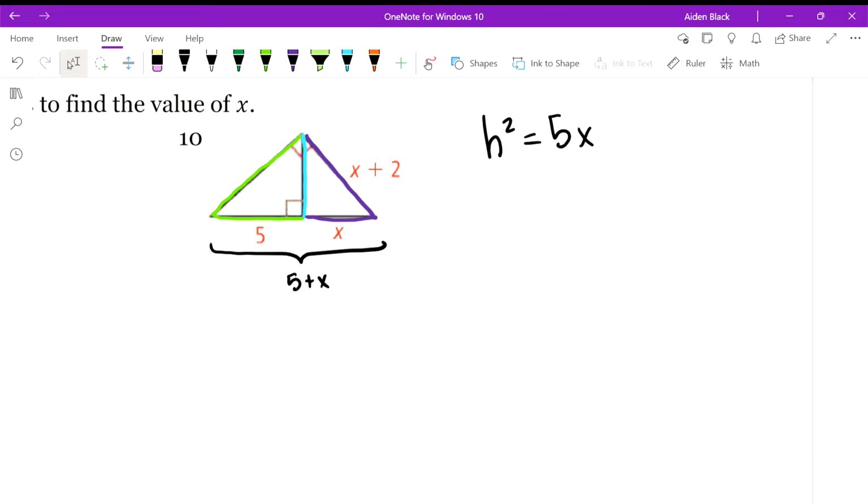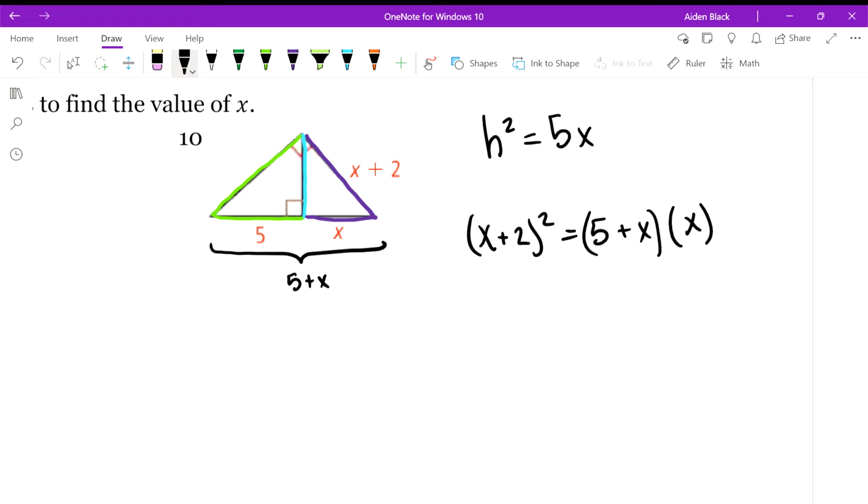For example, I'm going to find the value of x here. So I know that the leg squared is equal to the whole hypotenuse, which in this case is 5 plus x, times that part of the hypotenuse that is adjacent to that leg.